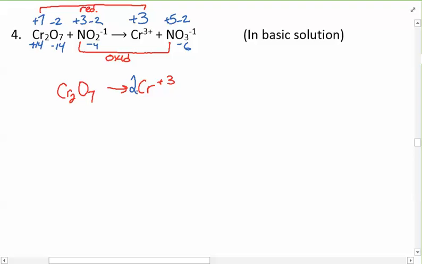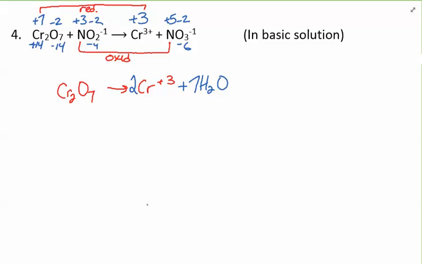So now my chromiums are balanced. It's very rare that the element's not balanced, but in this case it is, so it's something we have to remember. So next step, we have to balance our oxygen. So I'm going to add 7 waters. 7 waters balances the 7 oxygen.